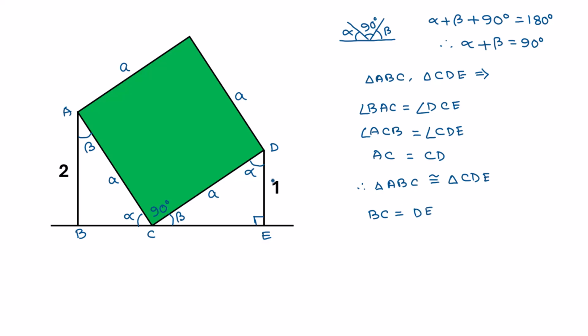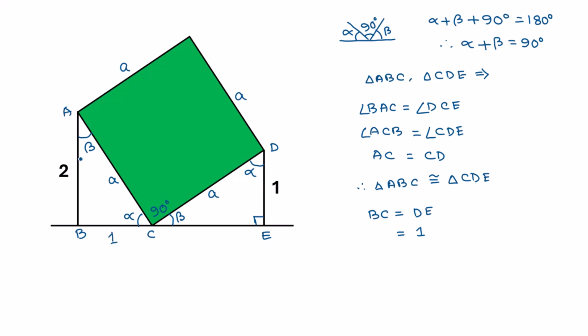As we have DE equal to 1 unit, that means the length of BC is 1 unit. So we can write this BC as 1 unit.